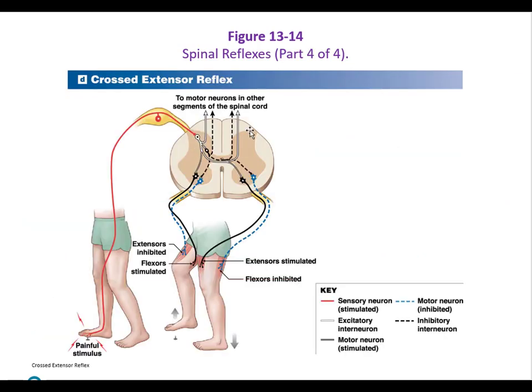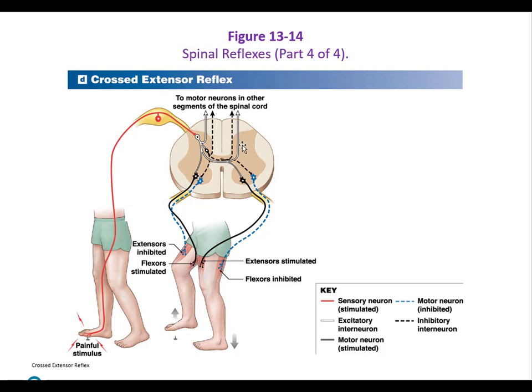And then here's a crossed extensor reflex. Here we're stepping on something painful. Our sensory information comes in our dorsal horns. We have a synapse here. We send that information up to the brain, so the brain ends up knowing what's going on here. We send a signal down the same side that says, hey, flex this muscle, relax this muscle, which is going to pull our foot off the tack.